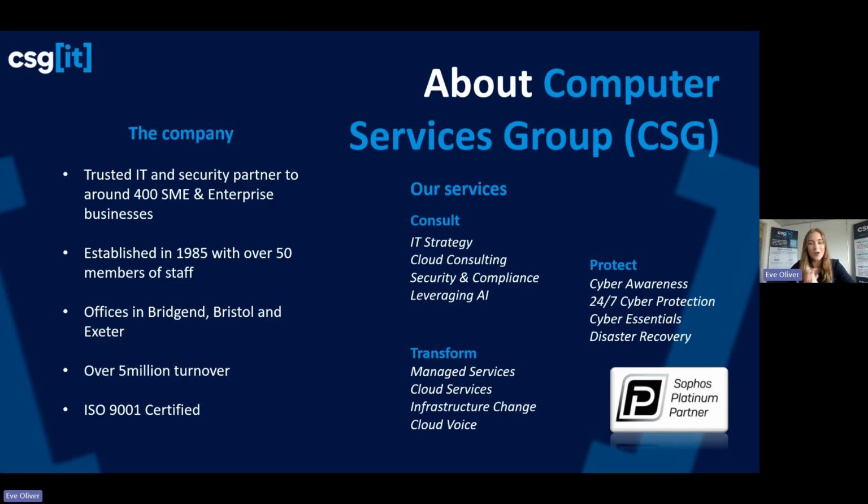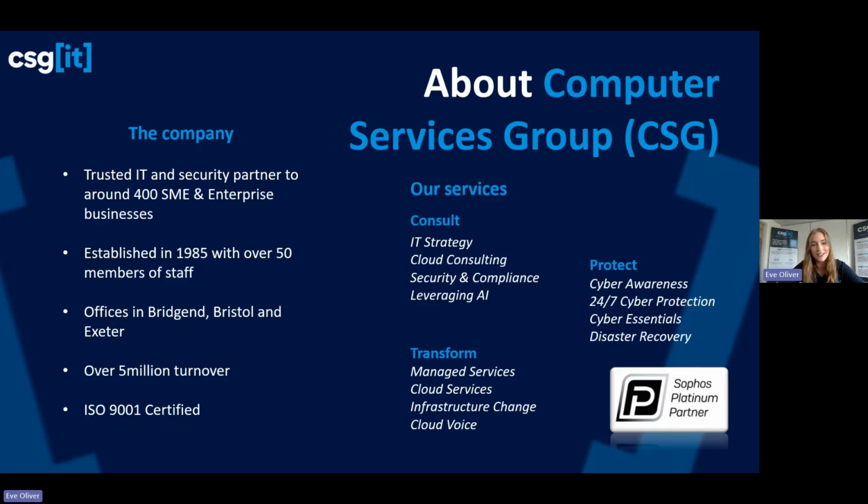So I know a lot of you know about CSG because a lot of you are customers of ours, but to whoever is new joining us today, a little bit about who Computer Services Group are. We're the trusted IT and security partner to around 400 SMEs across England and Wales. We've been going since 1985, and we are almost celebrating our 40th year trading, which is a really incredible milestone for everyone at CSG.